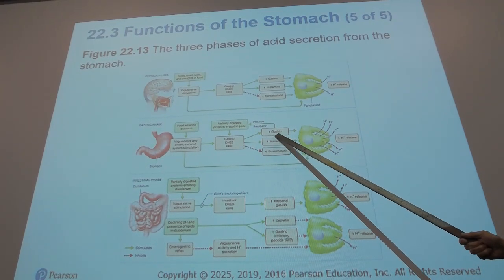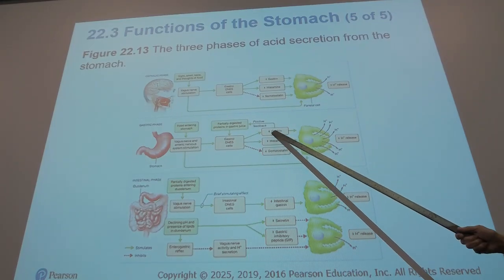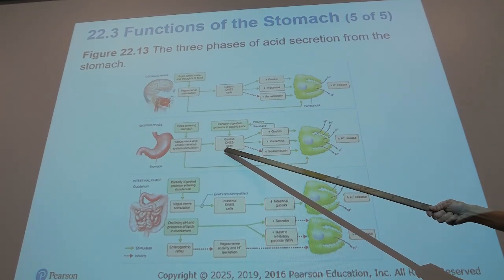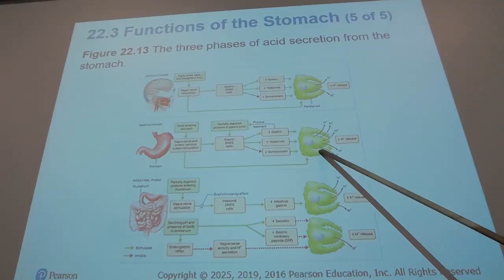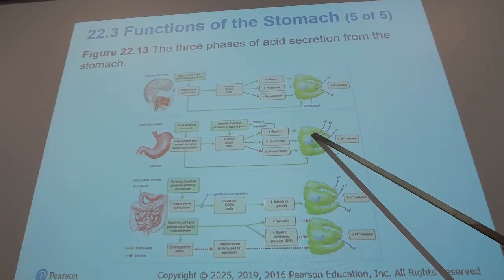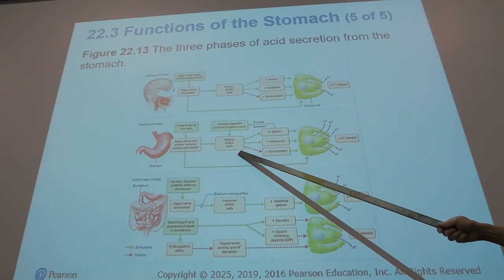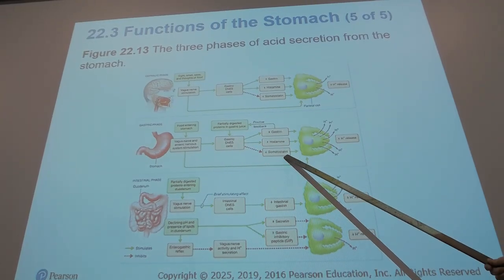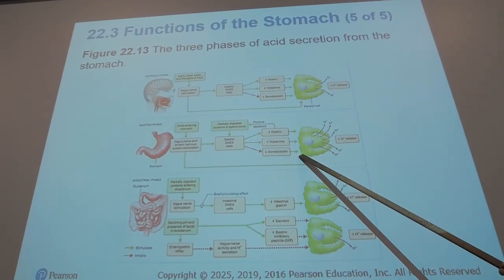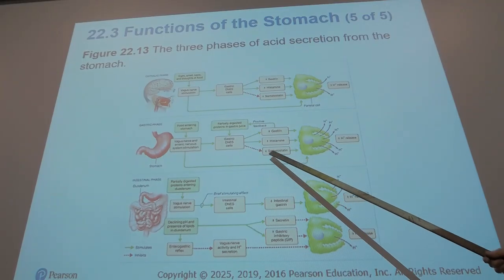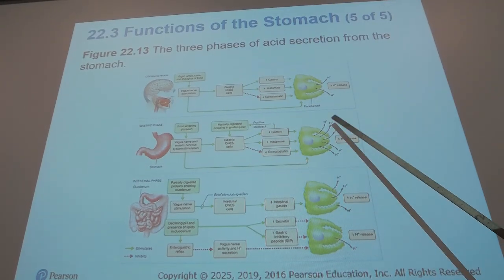And then you will have a positive feedback. Your gastrin will stimulate more your G cells, and then you will produce more hydrochloric acid. And similarly, your G cells will prevent the secretion of somatostatin, so you can continue the cycle.